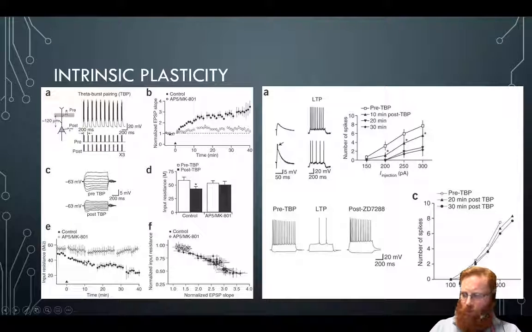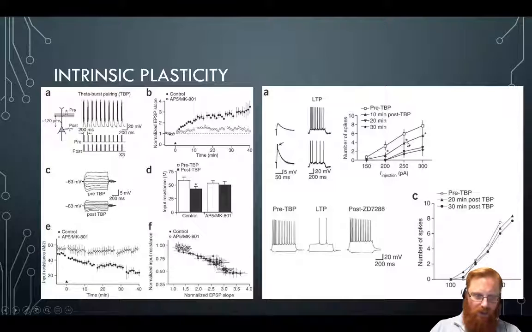So what is happening here? So the important thing to notice is they've done a classical synaptic plasticity type experiment. They've induced the synaptic plasticity. It's NMDA receptor dependent, but at the same time, it appears that the ion channels, the non-synaptic ion channels in the cell are changing.